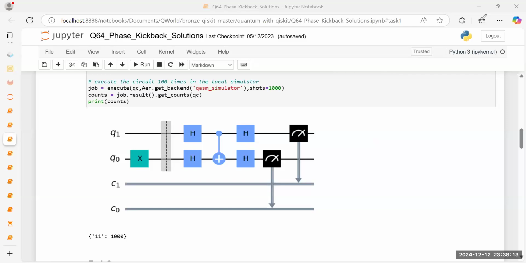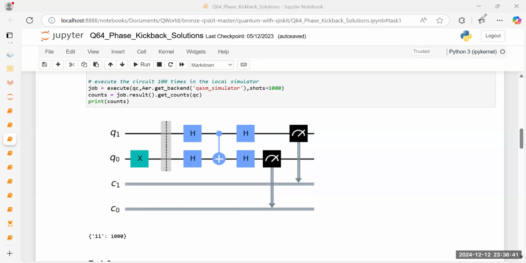Okay, so I think there's more explanation concerning that question. I said this because state 0, 1 turned to 1, 1.